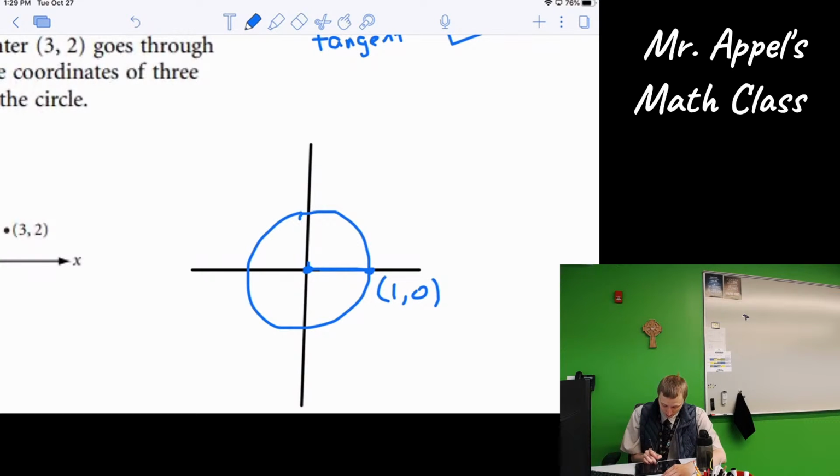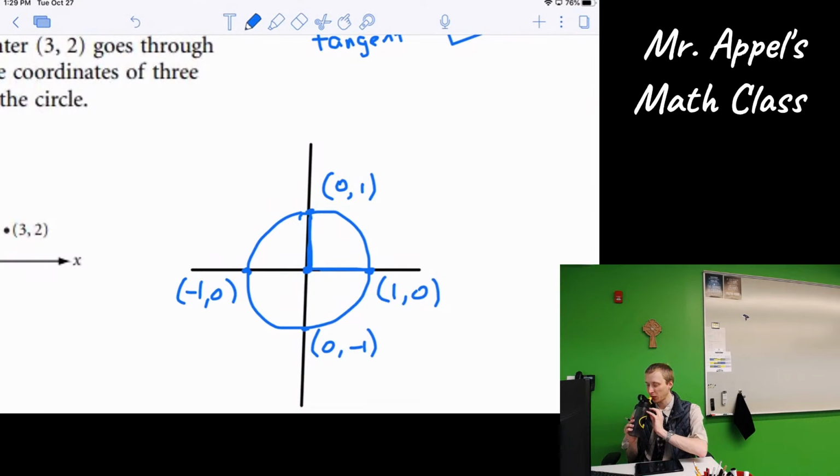And then straight up from there, this far, also radius of 1, so that distance is 1, but now it's in the y direction, so it's 0, 1. And then on the left-hand side, we have -1, 0. And down here, 0, -1. That's my unit circle.